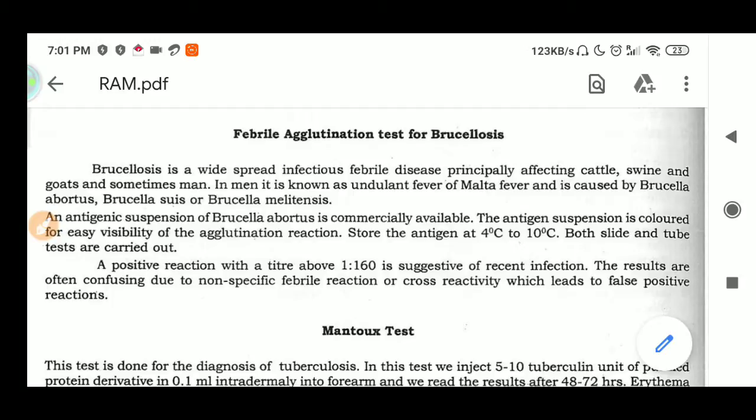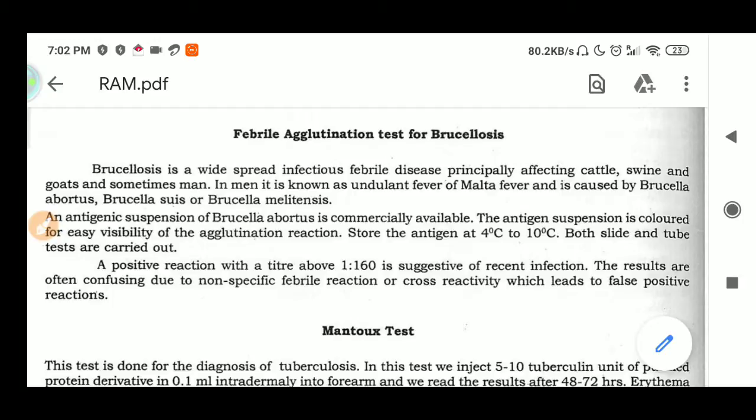In man it is known as undulant fever or Malta fever and is caused by Brucella abortus, Brucella suis or Brucella melitensis. An antigenic suspension of Brucella abortus is commercially available.